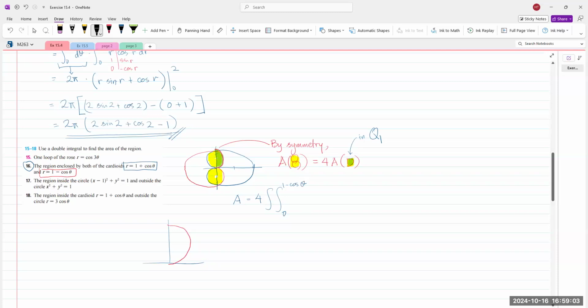As theta moves, let's say this is theta, the radius starts from 0 and goes out to that point, which is r equals 1 minus cosine theta.